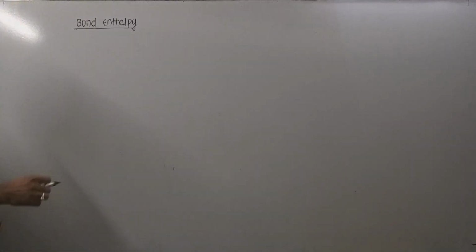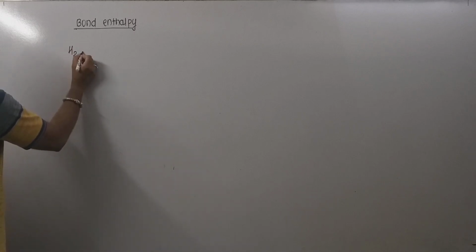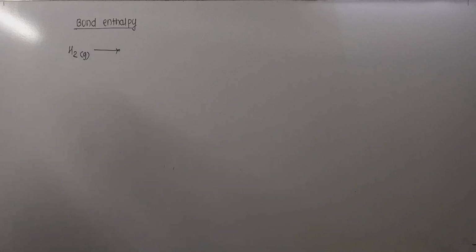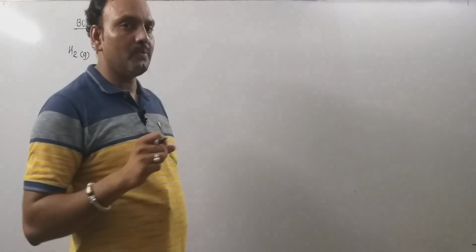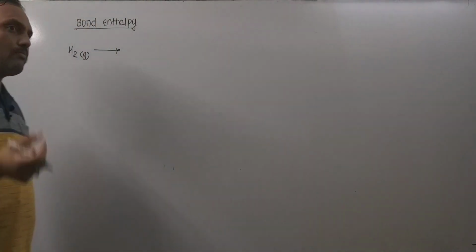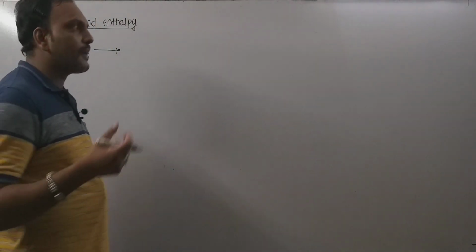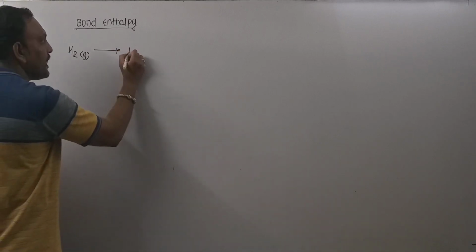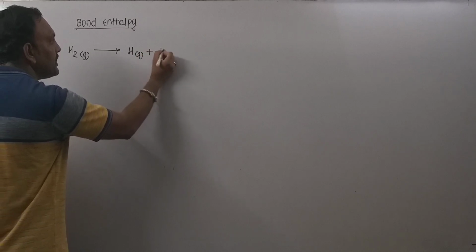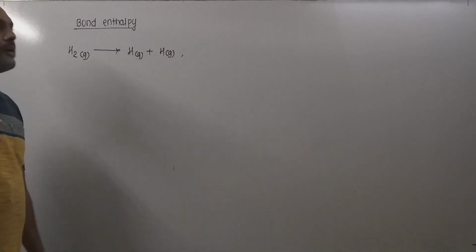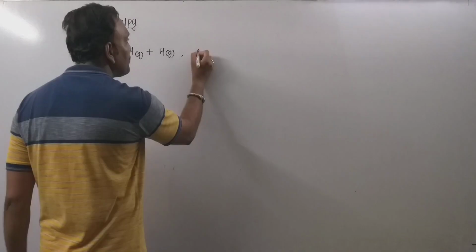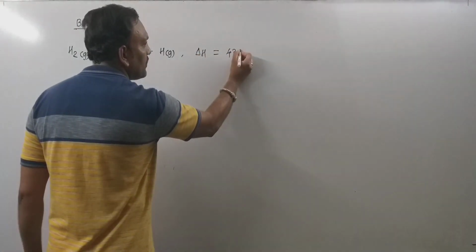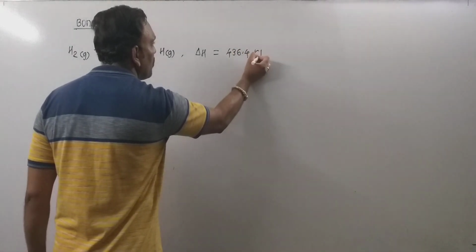Now consider, for example, the breaking of the H2 molecule. If you need to break the bonds in 1 mole of H2 molecules and convert them into gaseous atoms, then definitely we need to supply an amount of energy equal to 436.4 kilojoule.